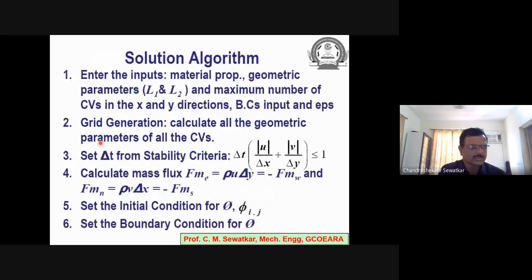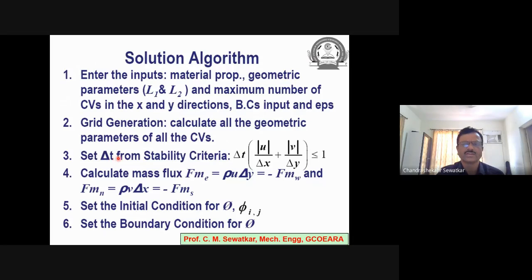I can quickly go through the solution algorithm. The solution algorithm is along the same lines as we did in the last session. Enter all the inputs: geometric properties L1, L2, maximum number of control volumes in x and y direction, boundary condition inputs, and the epsilon value, which is for the convergence. We discussed it yesterday. We have to do the grid generation to calculate all the geometric parameters.